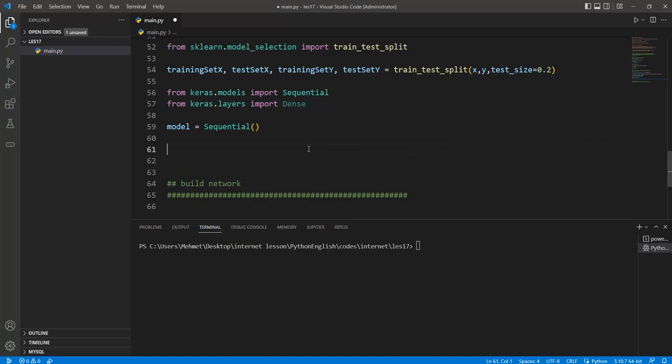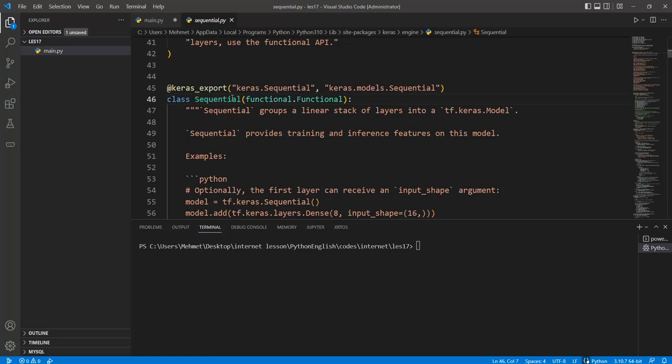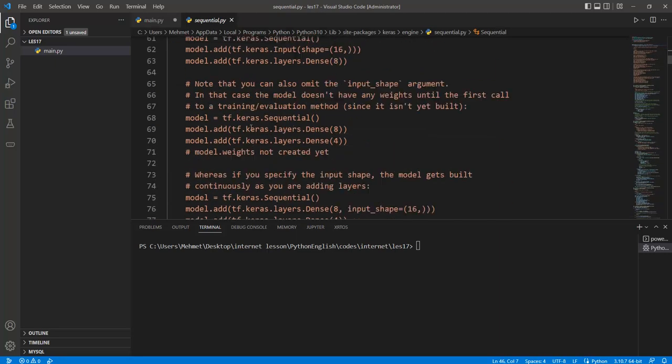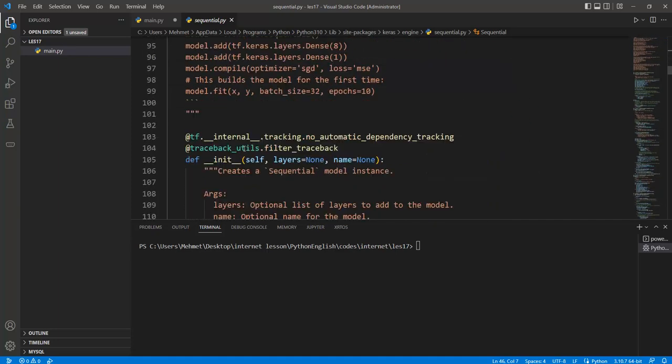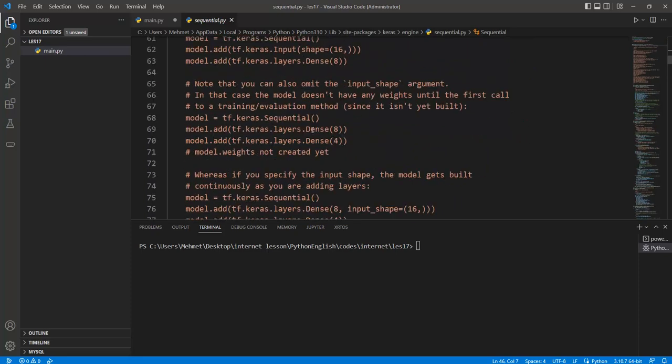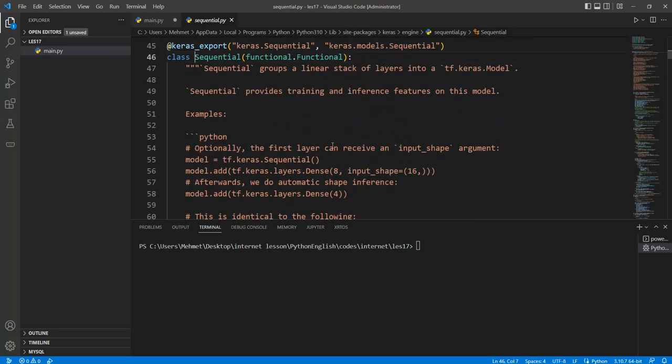So how can we create the whole neural network here? Sequential is given as a class, and the parameters and the model functions can be found in the explanation of this class.